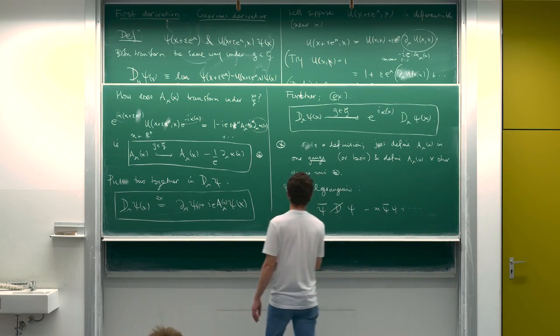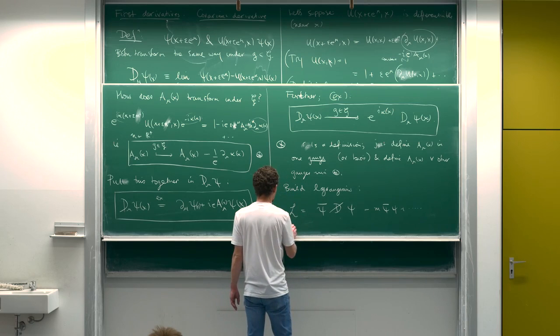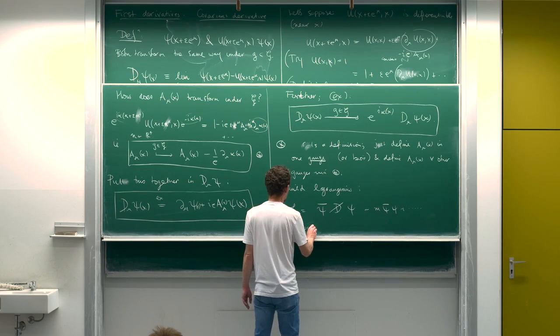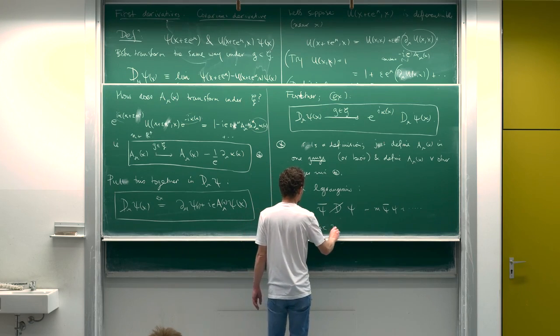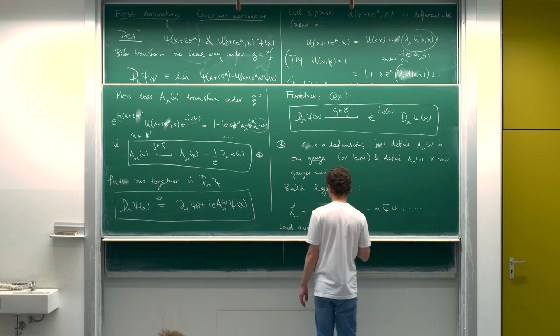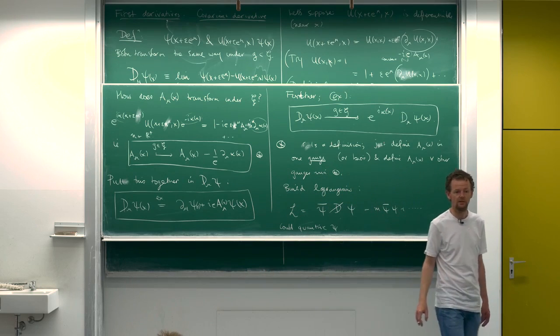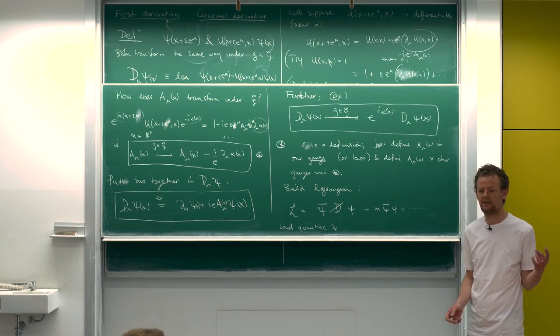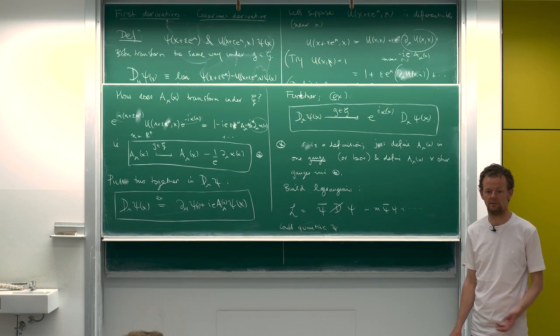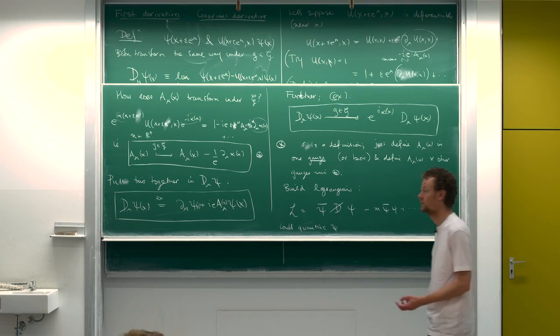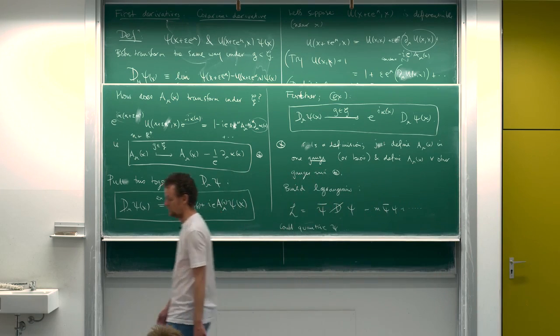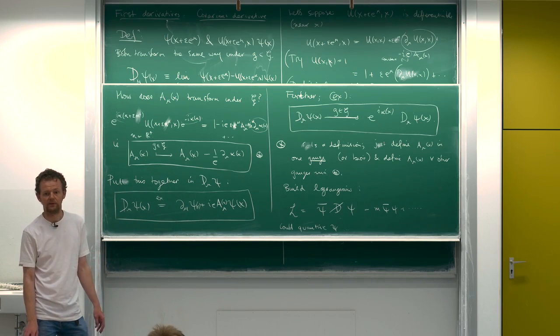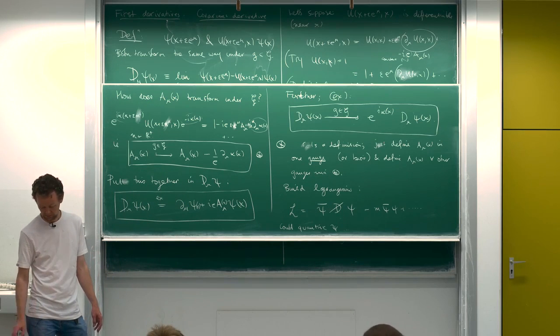You could then use this Lagrangian as the basis for a quantum field theory by quantizing the Dirac field and leaving the A mu alone. Just leave that as some classical thing, some classical background. You could do that, right? That's a perfectly legitimate thing to do.